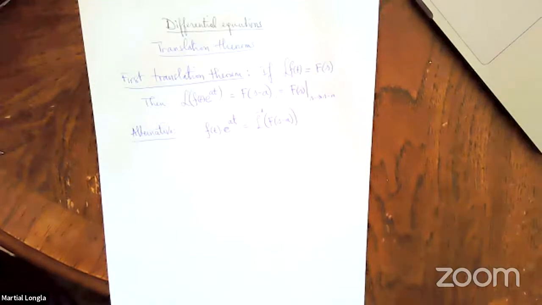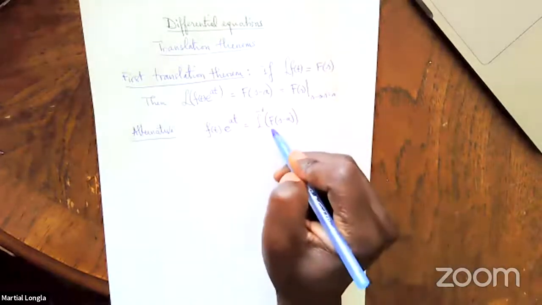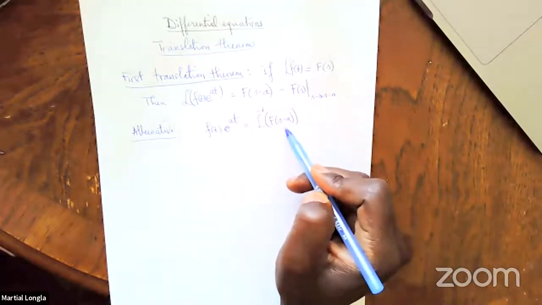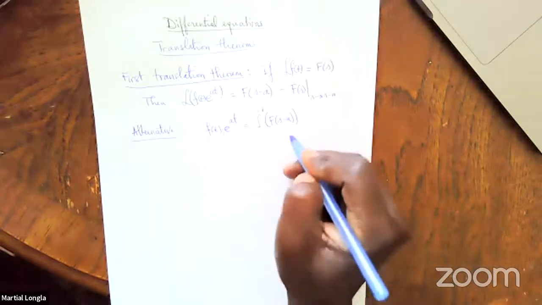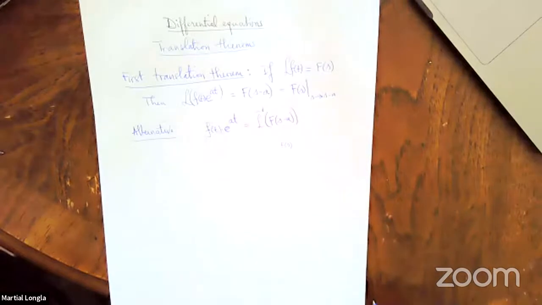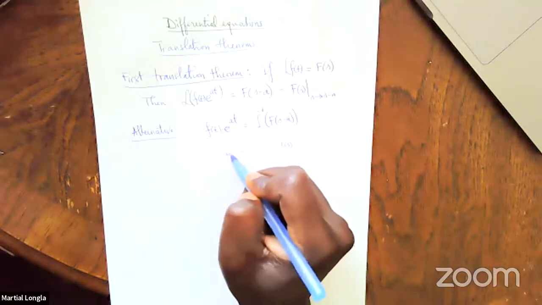Which means what? Written in this form, it means that if I have a function and I am thinking that this function is a translation, then I need to find the function that turns into capital F of s, and multiply the inverse of that function by e to the at.